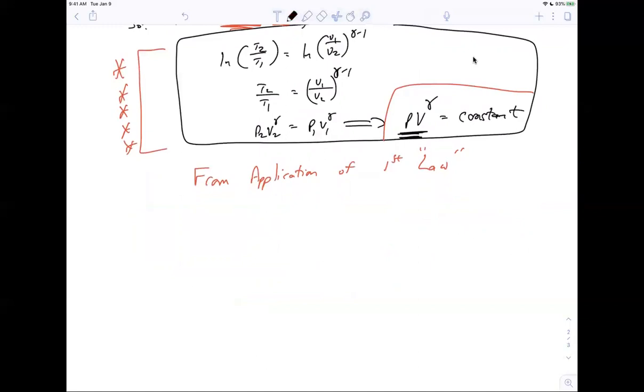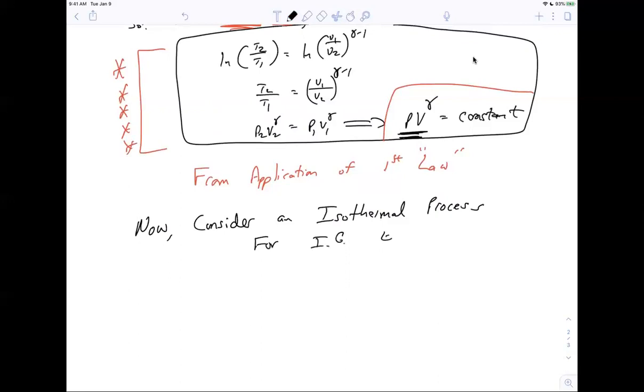So let's consider now, for a comparison, an isothermal process for an ideal gas. And this is rather simple, actually.